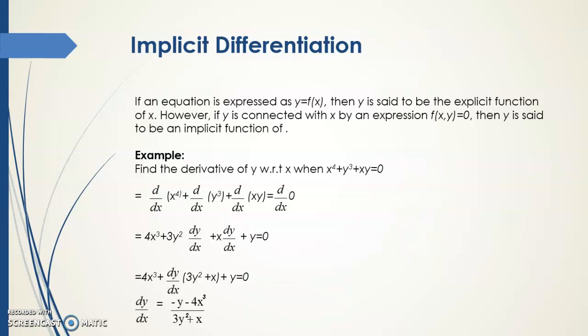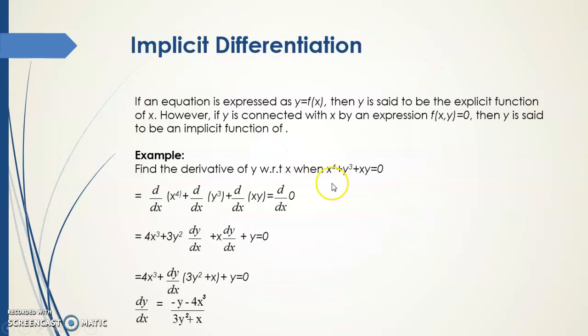But sometimes y is connected with x in an equation expressed as a function of x and y equal to 0. These are the cases where y is said to be an implicit function.